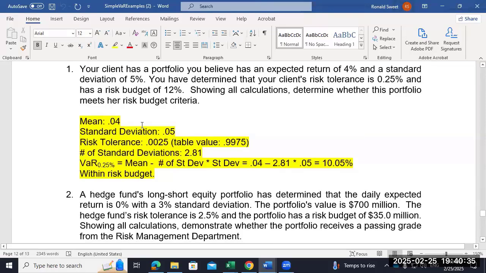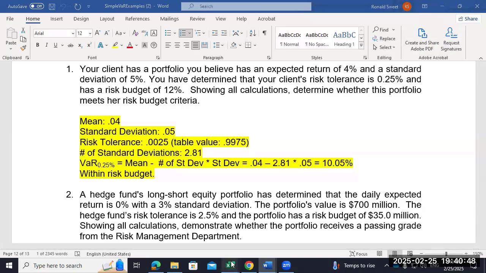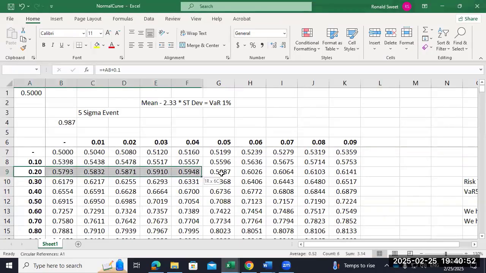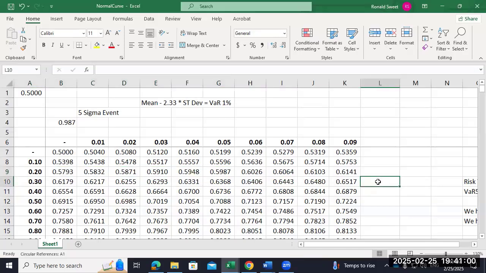So this is exam 1, really straightforward questions. Your client has a portfolio with an expected return of 4% and a standard deviation of 5%. Your client's risk tolerance is 0.25%. Again, what do we do there? Do you go right here? No, what are you looking for? You're looking for how many standard deviations is 0.25%.